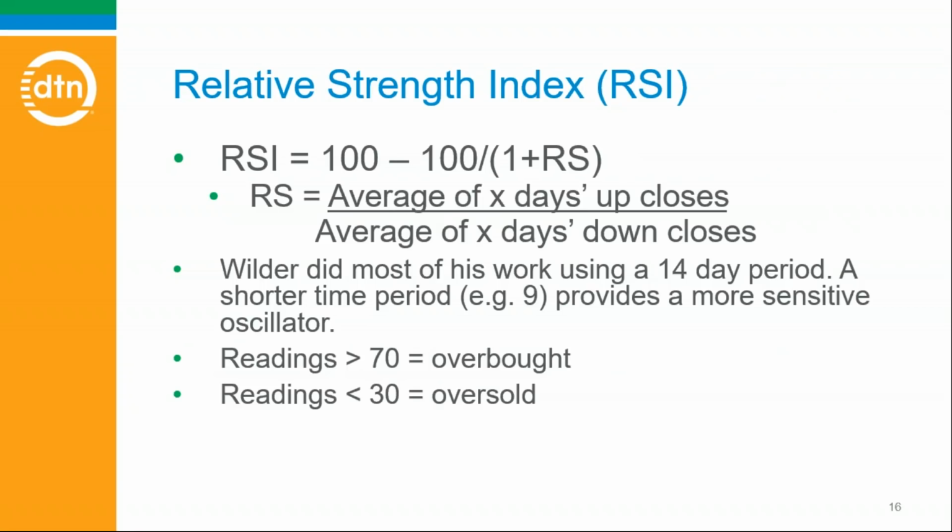And this is our formula. RSI is 100 minus 100 divided by 1 plus RS, where RS is the average of, let's say, 9-day up closes divided by the average of 9-day down closes. And what we're going to use for overbought, oversold is 70 and 30.